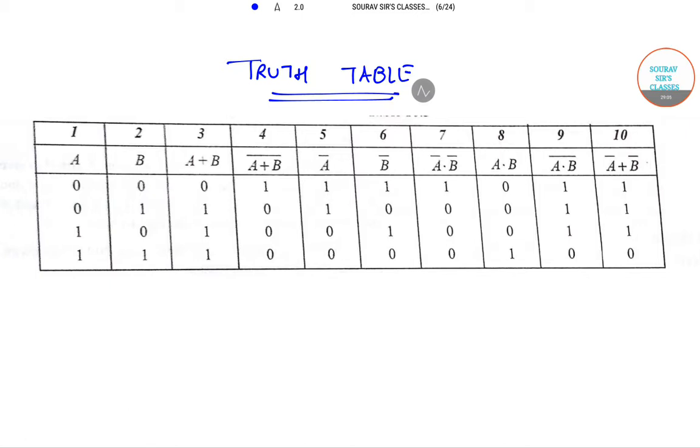Now in this particular truth table you can see that column 4 and column 7 are identical. Hence we can say that the theorem stands proved because we have (A plus B) under bar is equal to A bar into B bar. Okay, which we have done under the De Morgan's part.